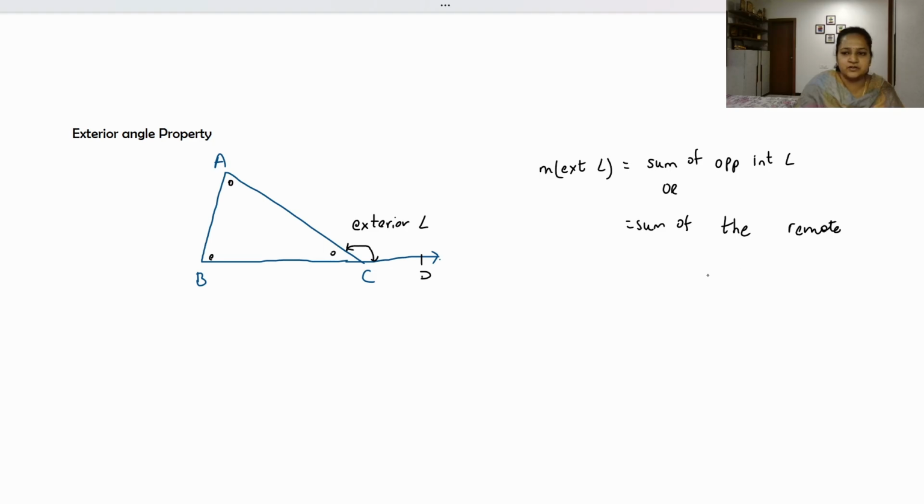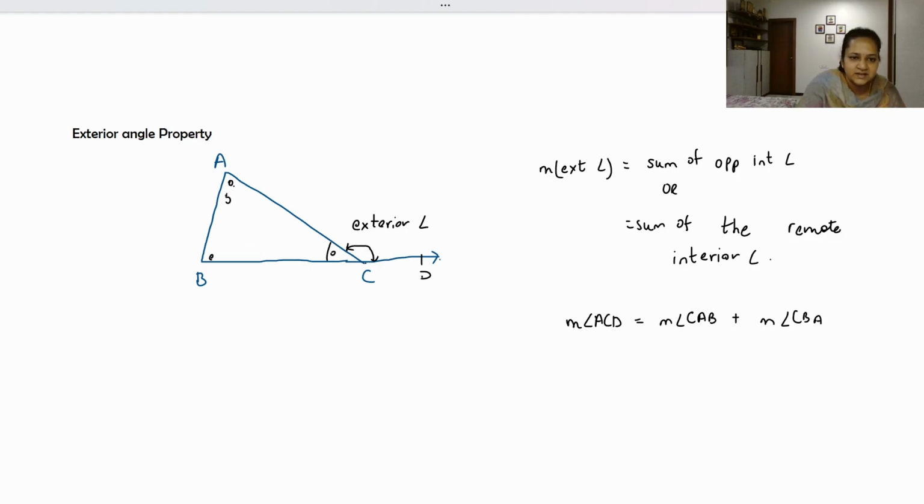Remote means far off. Now, angle C is right next to D. It forms a linear pair, so it is not far off. It is not remote. Then which are the remote interior angles? A and B. So, we'll say measure of angle ACD is nothing but measure of angle CAB plus measure of angle CBA.